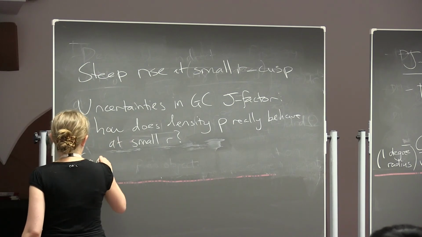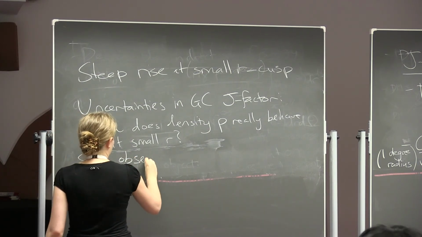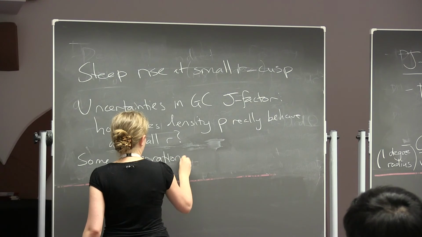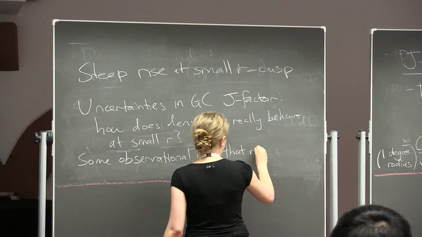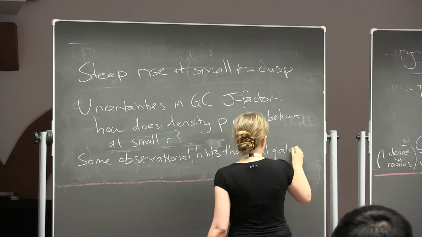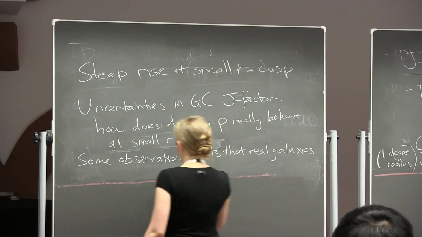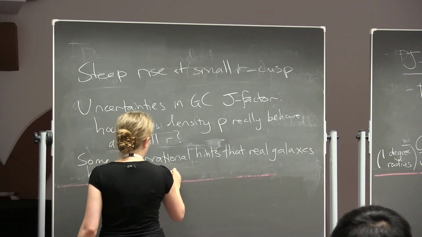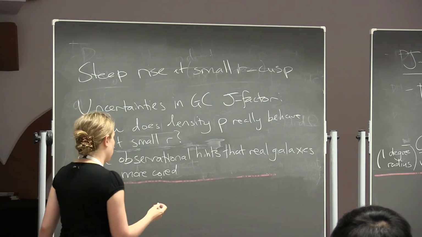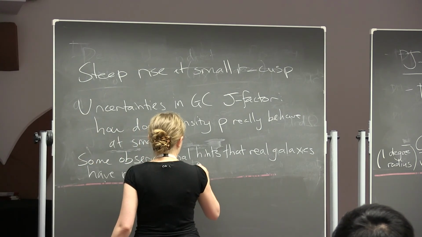So there are some observational hints that real galaxies have what I would say are cored profiles, by which we just say the density does not rise so sharply toward the origin.